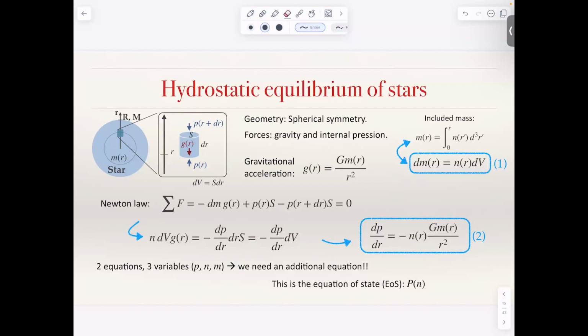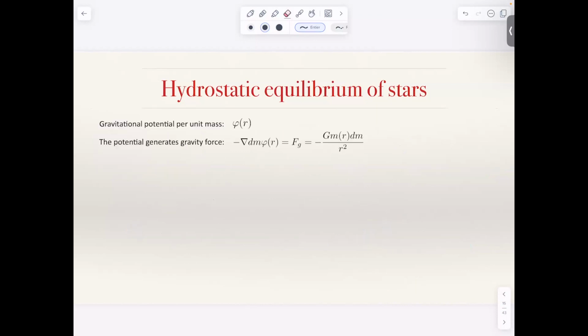But what we'll see later on is that the general relativity terms are corrections to this equation. So if you understand the origin and the nature of these equations, you can easily understand the general relativity corrections.